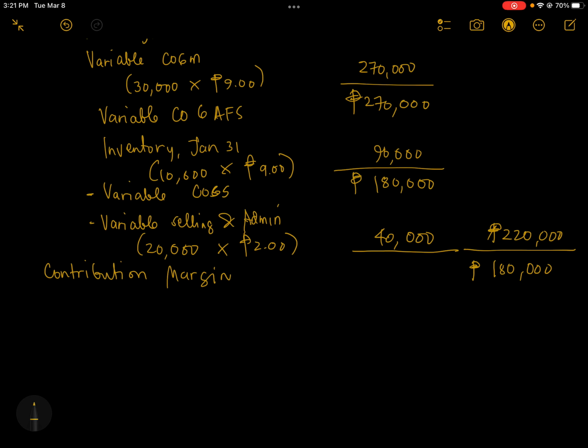And then, of course, we deduct the fixed component of the manufacturing overhead. So, that is given. Hindi na natin kailangang i-divide pa, just like what we did kanina doon sa computation nung dun sa isang video. Hindi na natin kailangan because under the variable costing, the fixed manufacturing overhead will be deducted in full at the time it is being incurred. It is not part of the inventoriable cost.